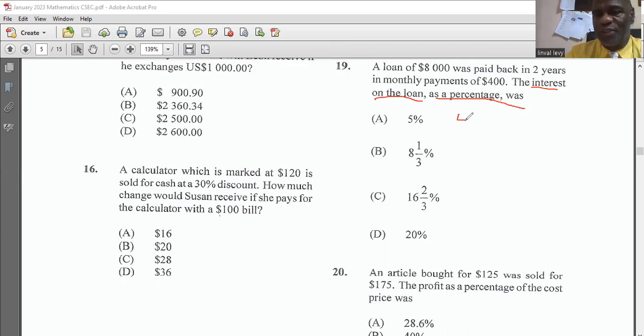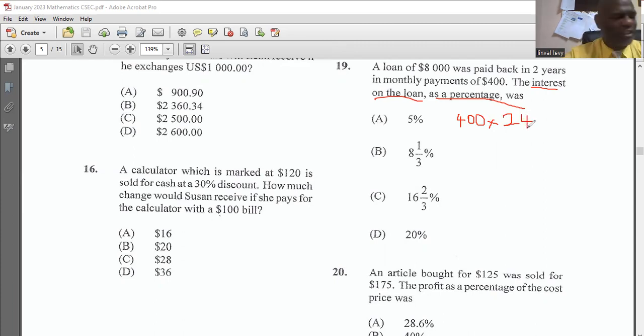So it's 400. How many months are in 2 years? If 12 months are in 1 year, it means that there are 24 months in 2 years, no?